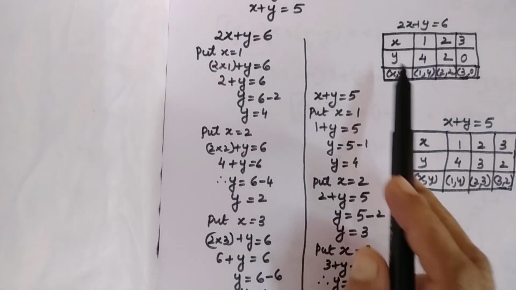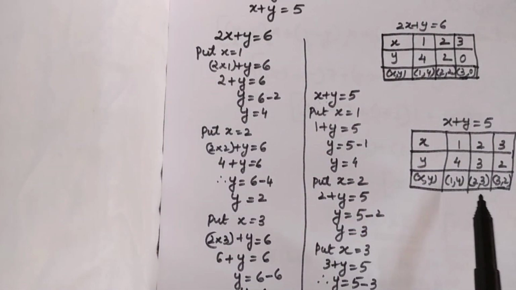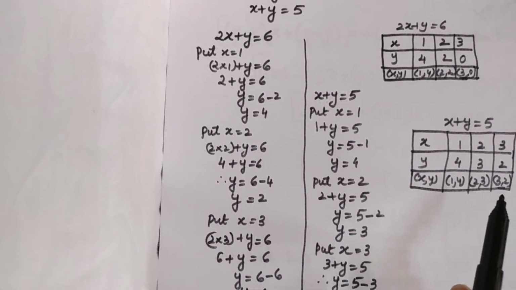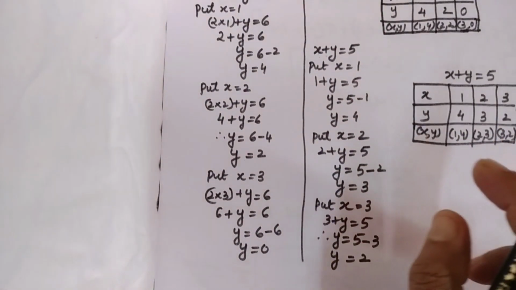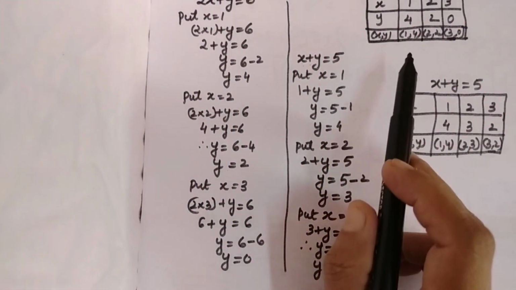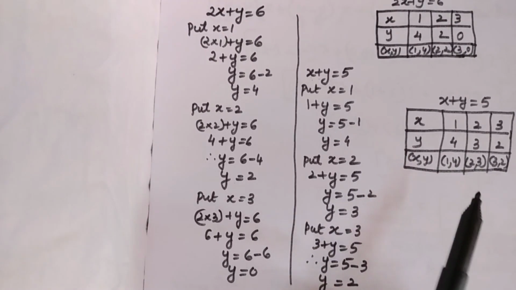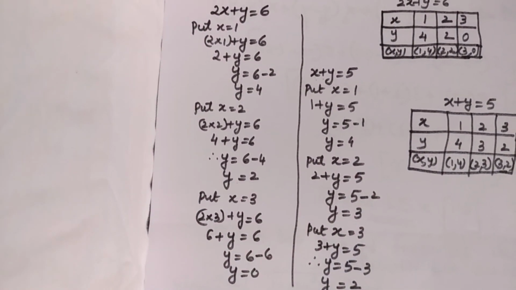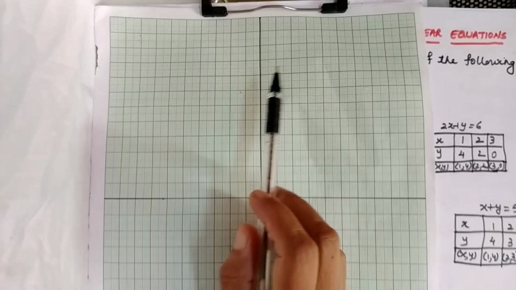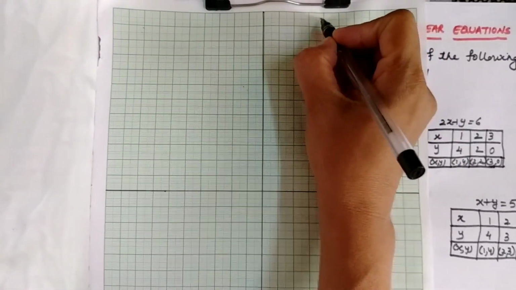Here you can take any values for x and get the corresponding value for y. You can take any value. Now you have to draw the graph for this. Using this table, you have to draw the graph and get the solution. Now to draw the graph, first you have to write the scale.